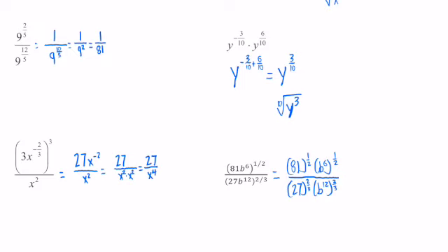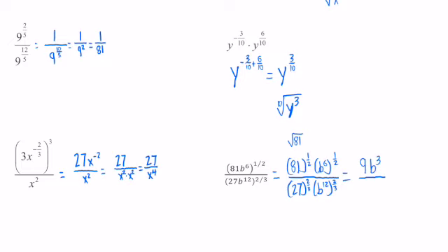For 81 to the 1/2, that's the same as the square root of 81, which gives us 9. For b to the 6th raised to the 1/2, multiply the outside exponent by the inside exponent. 1/2 times 6 is 3, so we have b to the 3rd.